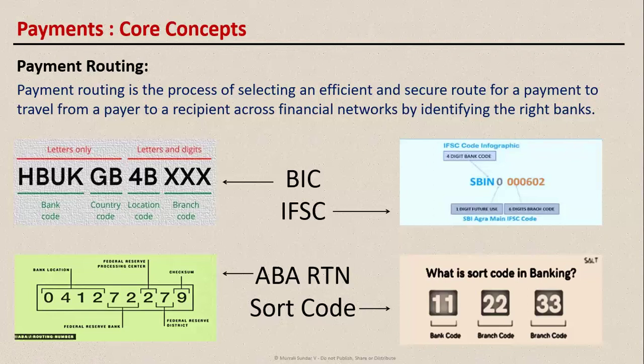Yes, correct. Because normally in a cross-border payment, you will just give the BIC, for example. If you want to send or receive money for HDFC, I'll be giving my HDFC BIC to the Chennai city only. But in Chennai city, I have a particular branch, which is not a big branch.